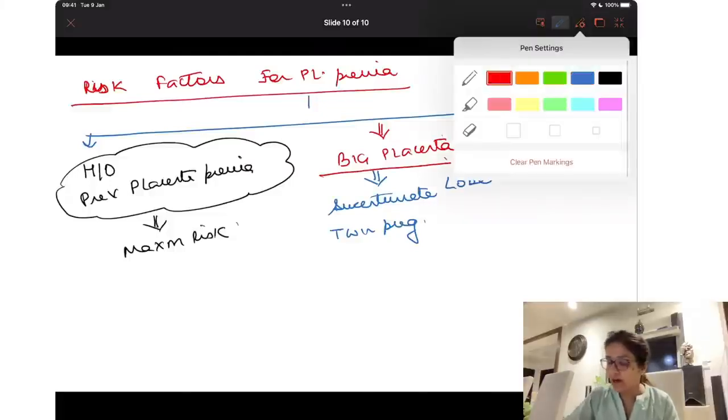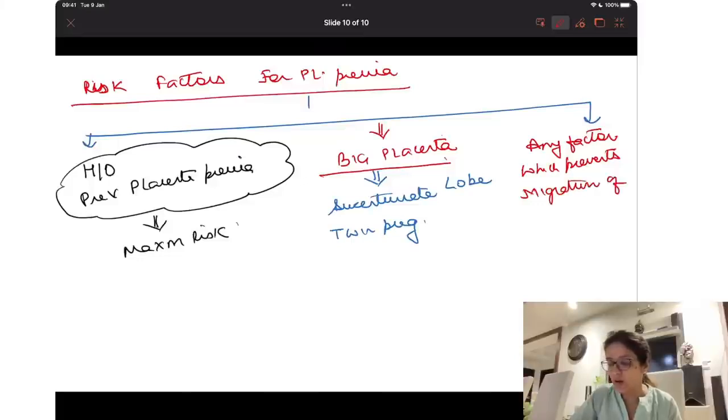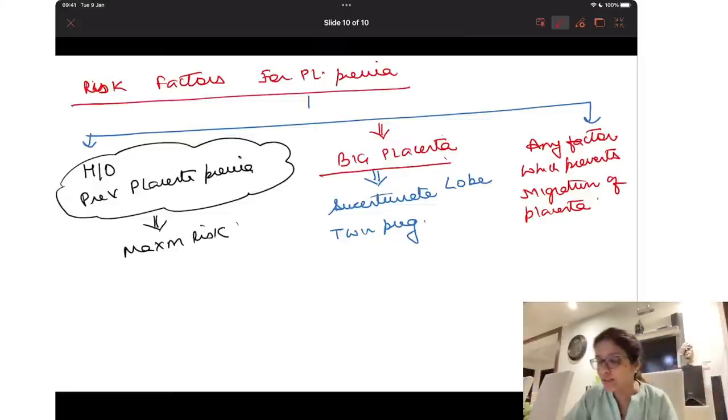Or if there is any factor which prevents migration of the placenta. So I was telling you in 90% of cases the placenta will move upwards. So anything which is stopping the migration of the placenta, and what is that anything? That anything could be additions.